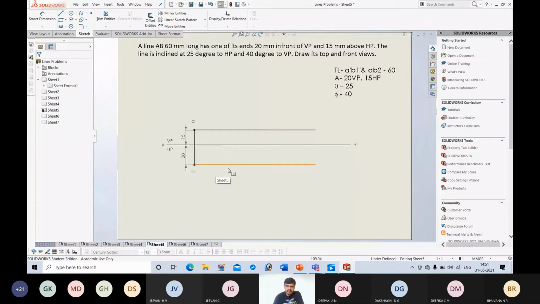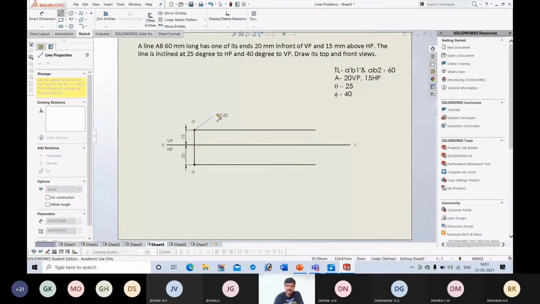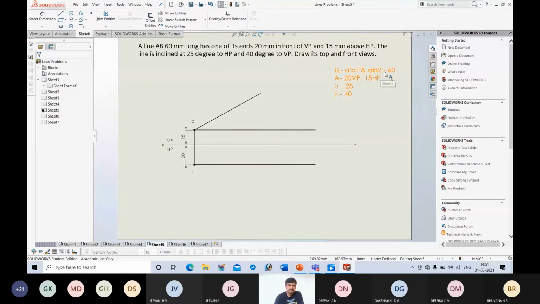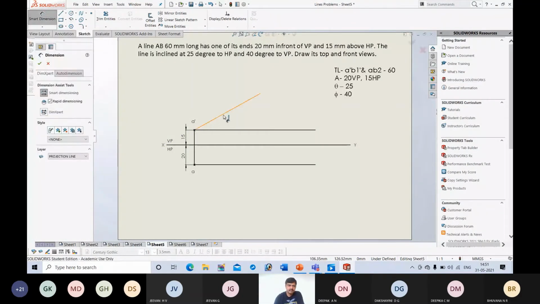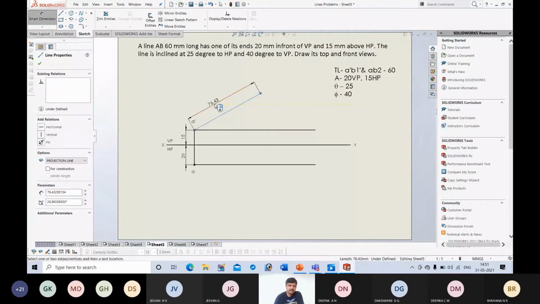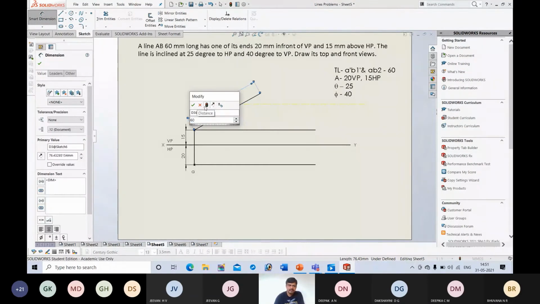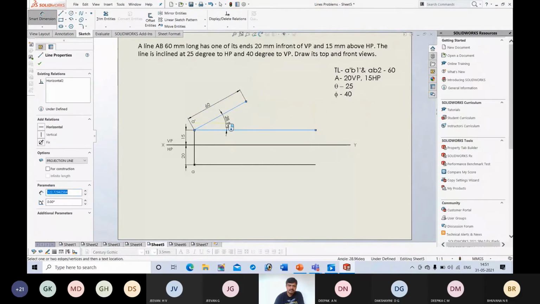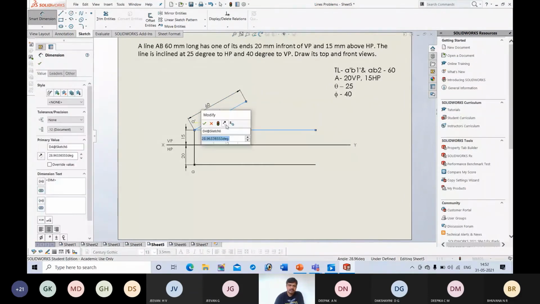First, I will draw a line inclined at 25° and also having length 60 mm. This length should be 60 mm and this angle should be 25°.